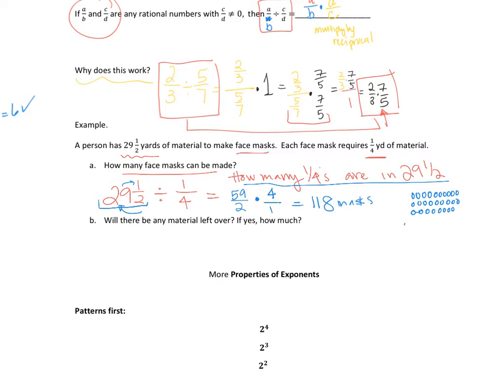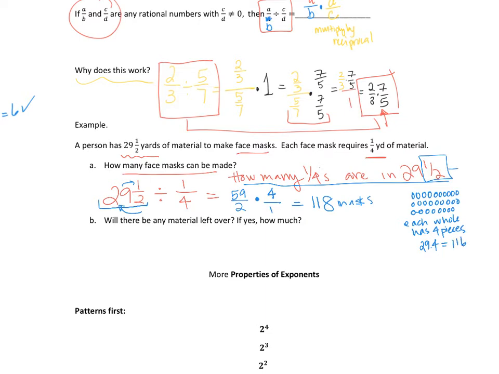If you think about it, each whole has 4 pieces. Well, that means there are 4 1/4s in a whole. And then we also have that little half guy, right? Because it's 29.5. So right now I have 29 times 4. That's how many fourths that I have. So that 29 times the 4 is equal to 116.